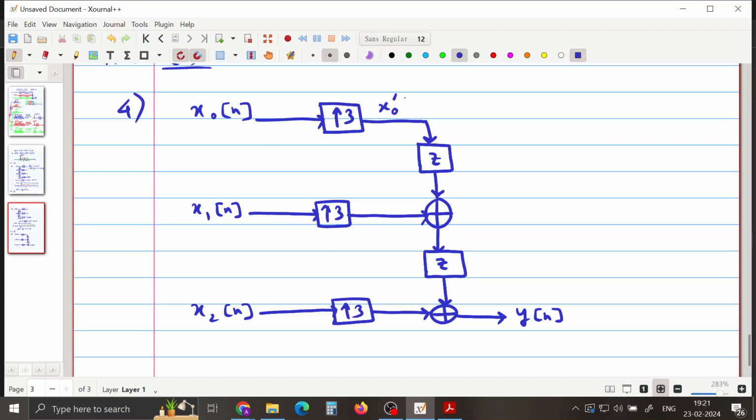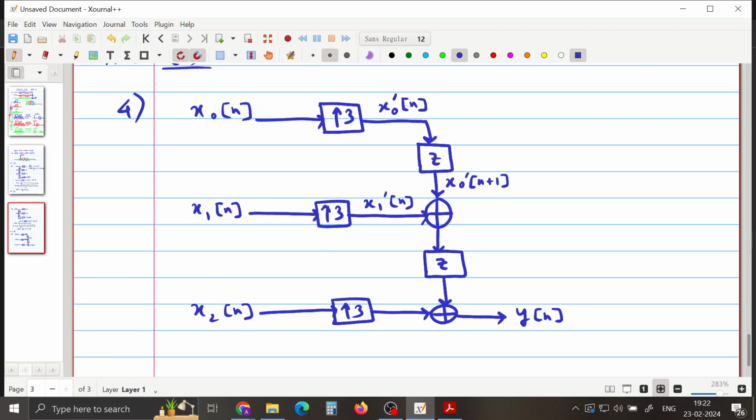So I'll use the notation x naught prime of n to indicate the sequence at the output of the first upsampler. Then it passes through an advance block of 1 unit, so the output after this advance block would be x naught prime of n plus 1. It gets advanced by 1 unit. Similarly, I will use the notation x1 prime of n for this part.